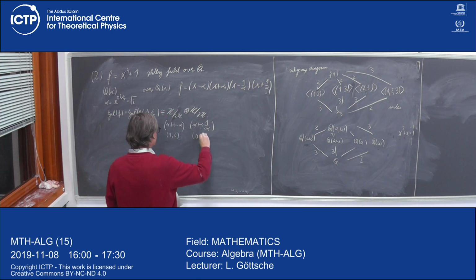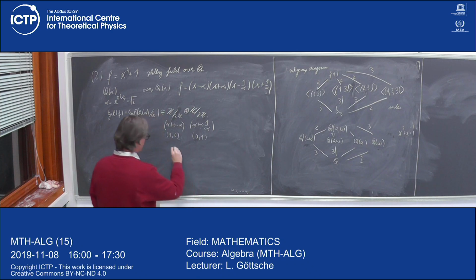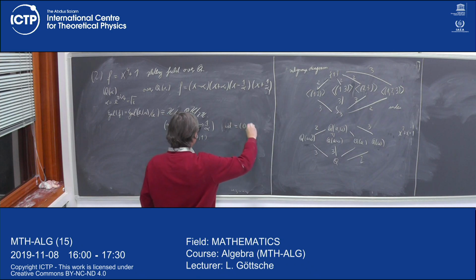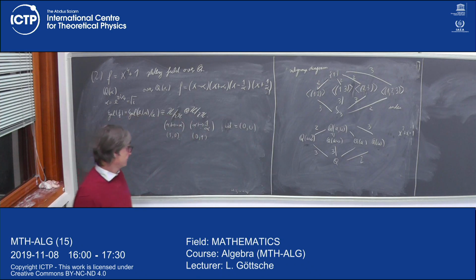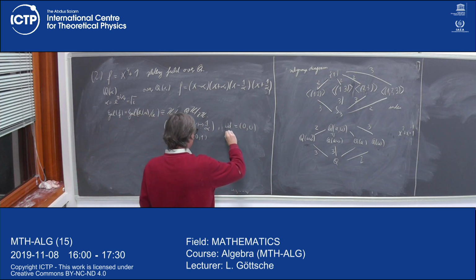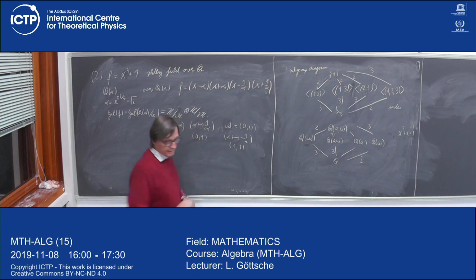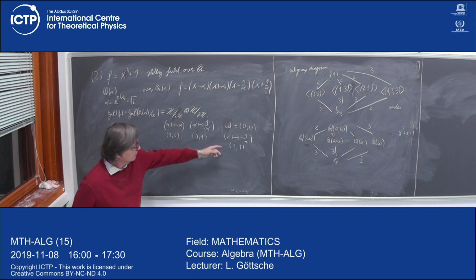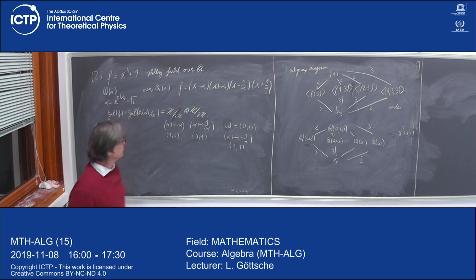This one is (0, 1), and the identity obviously is equal to (0, 0), and alpha goes to minus 1 over alpha would be identified here with (1, 1) in this picture. So I just write it like this so that we identify this with Z2 times Z2. Here it's additive, and so the sum, which means product of these two, is just composing.